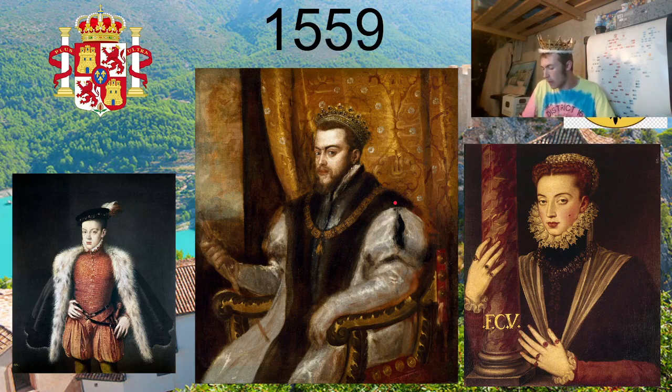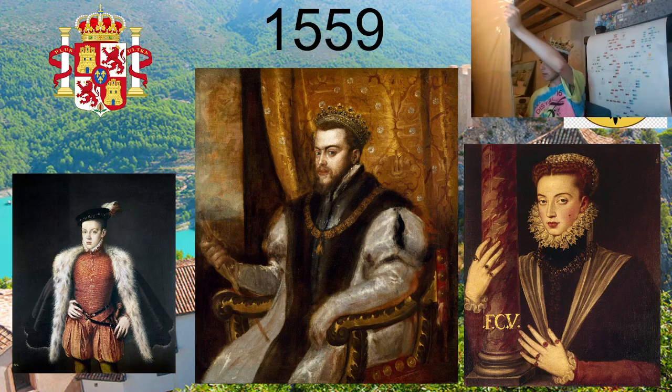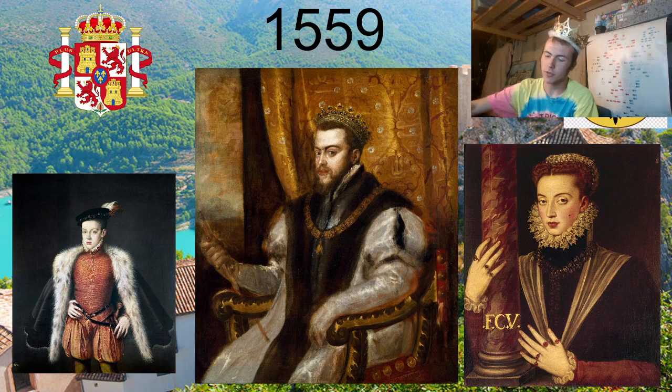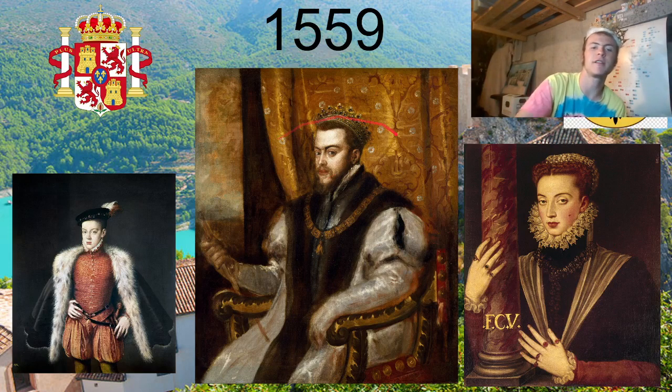And every single monarch until the year 1640, of the House of Braganza, they're all going to be Portuguese monarchs as well. So this guy, Felipe II, is ruling over the entire Iberian Peninsula at this time.